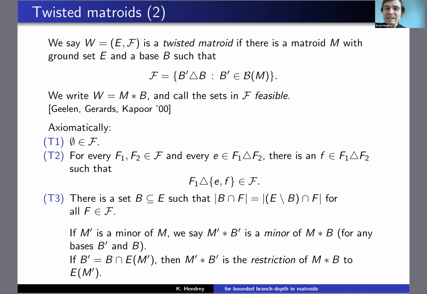So we say that if M prime is a minor of M, then the twisted matroid M prime twist B prime is a minor of M twist B for any bases B prime and B. And if B prime happens to be equal to the intersection of B and the ground set of M prime, then we say that M prime twist B prime is the restriction of M twist B to the ground set of M prime.